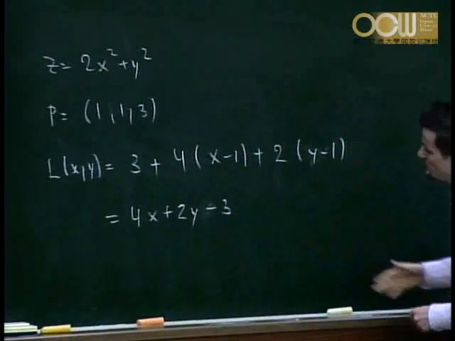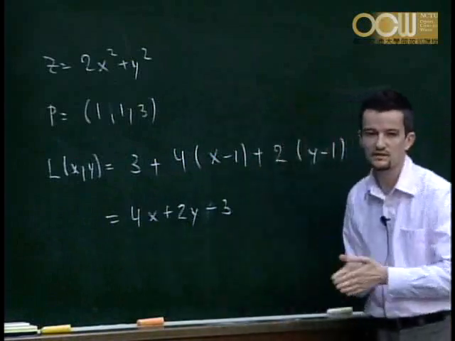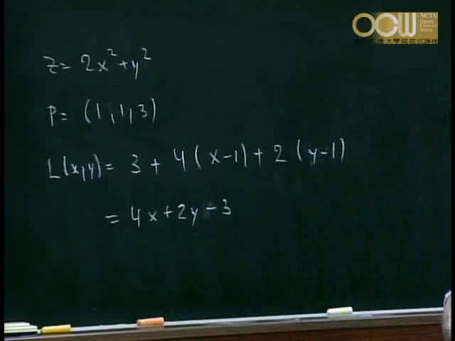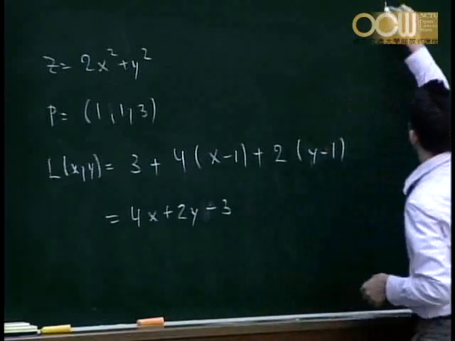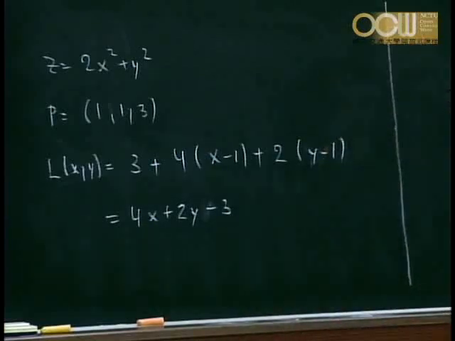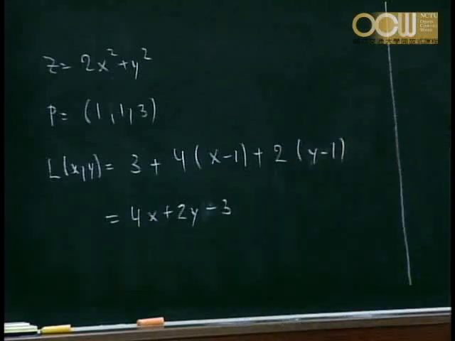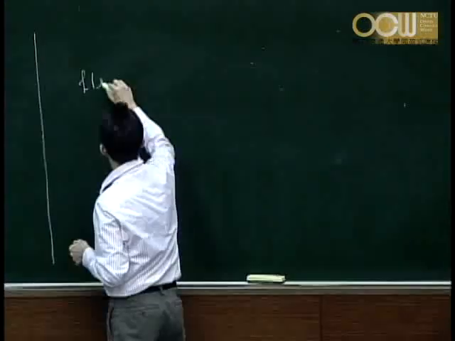Okay, so here we see an example where the tangent plane approximates the function quite well. But here is another example where this is not always the case. Existence of the tangent plane is not enough to ensure that the linearization, the linear approximation, is a good approximation. Now, this example we already discussed before.